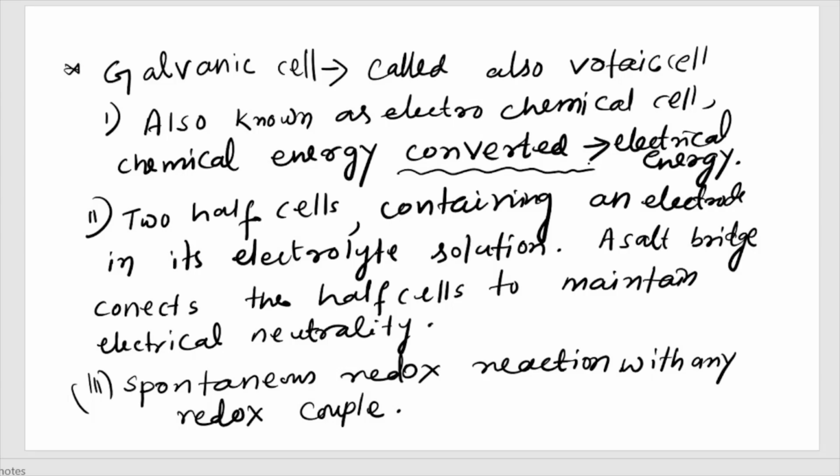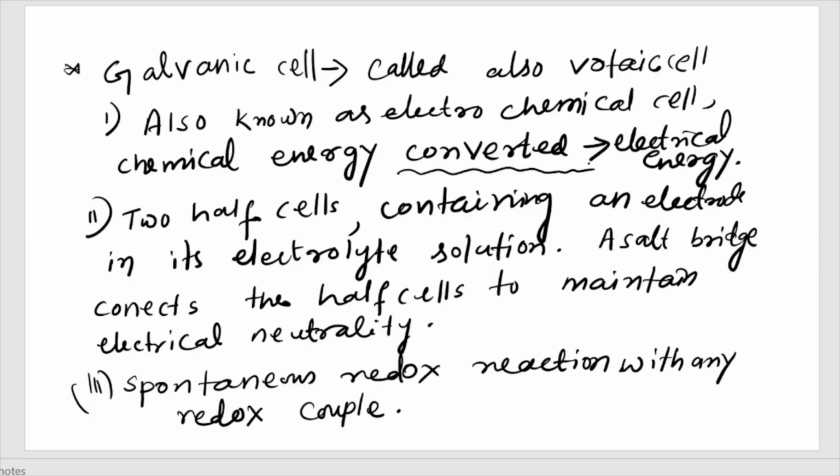There are two half cells, one on the right, one on the left, each containing an electrode. What is an electrode? Zinc dipped in zinc sulfate, copper dipped in copper sulfate. The zinc is called an electrode and so is the copper, each dipped in its electrolyte solution. A salt bridge connects the half cells to maintain electrical neutrality.